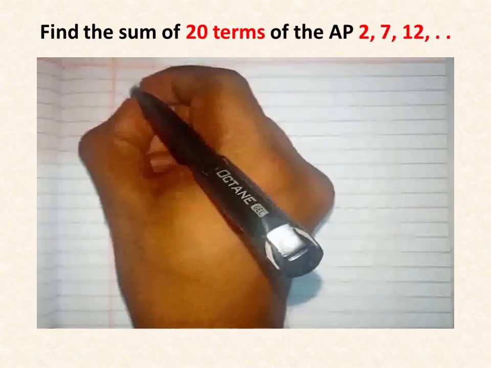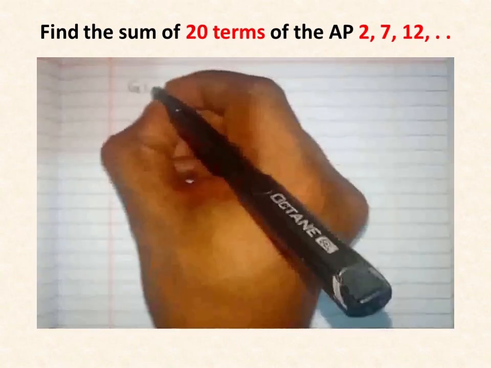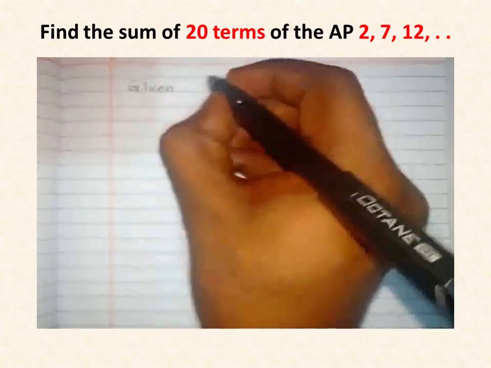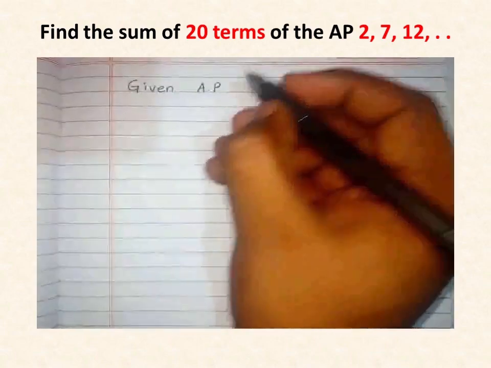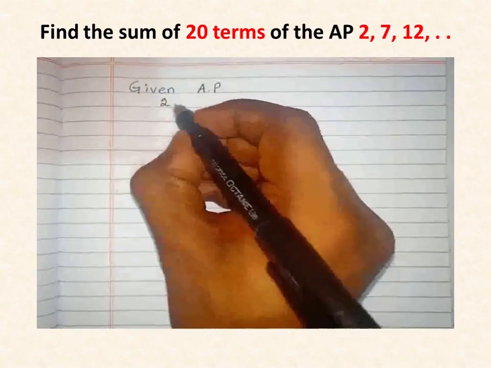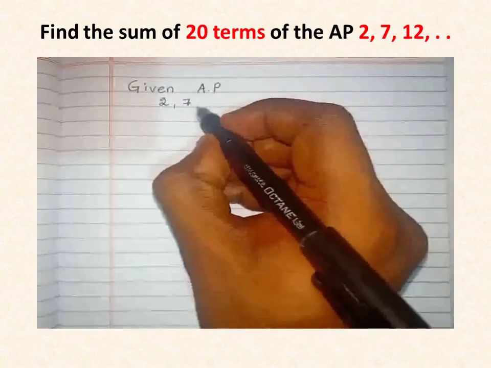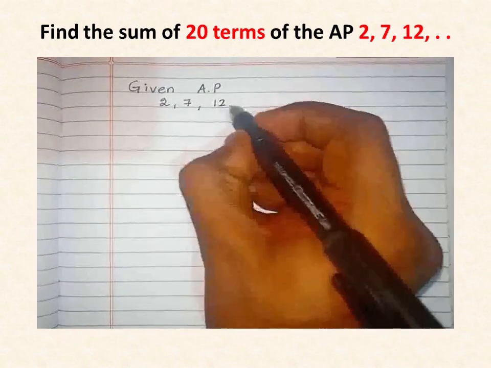So for the first question, we'll write down the given AP. The given AP is 2, 7, 12 and goes on.